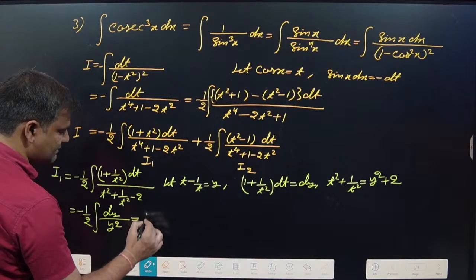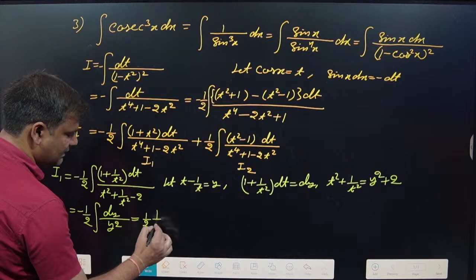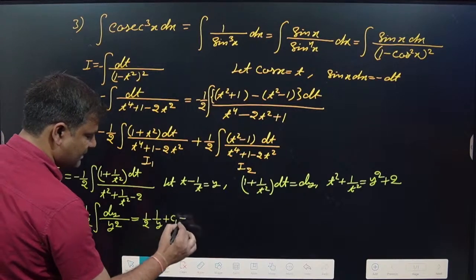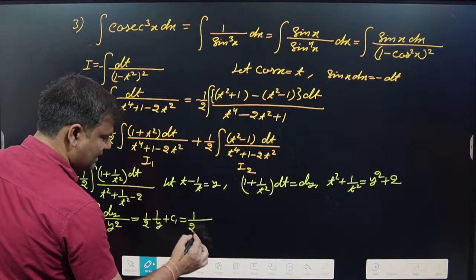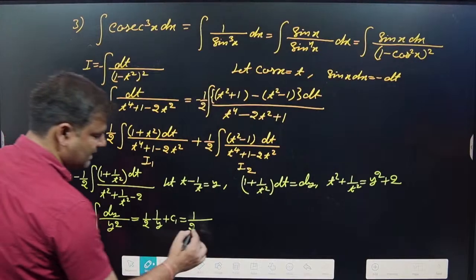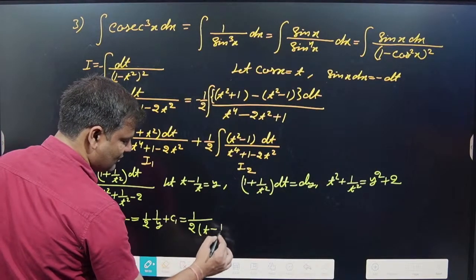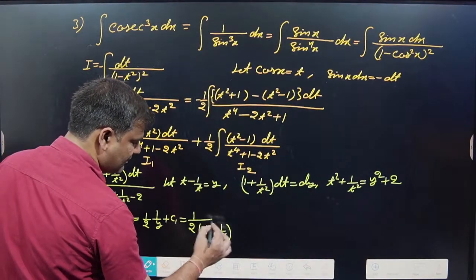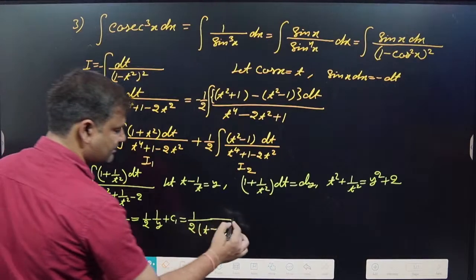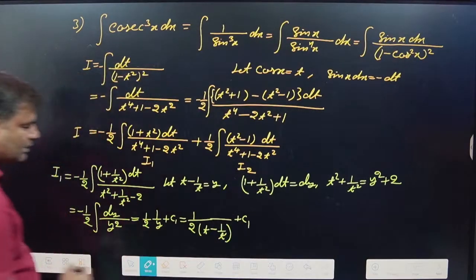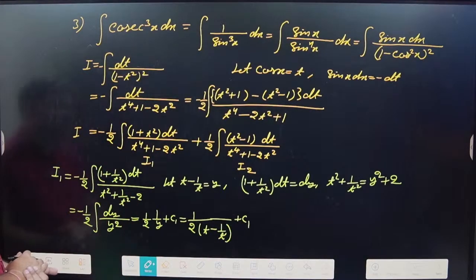So minus minus plus 1 by 2 into y plus c1, and y is basically t minus 1 by t plus c1. Now after that we focus on how to determine I2.